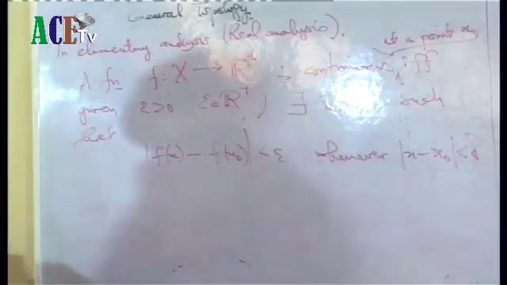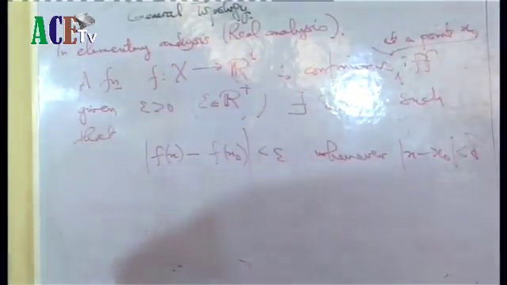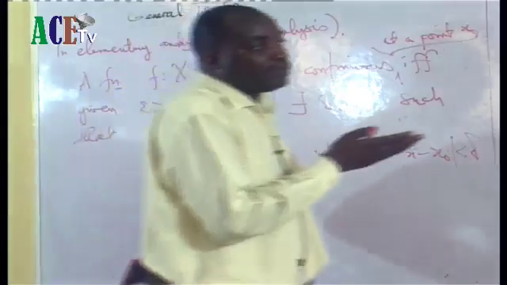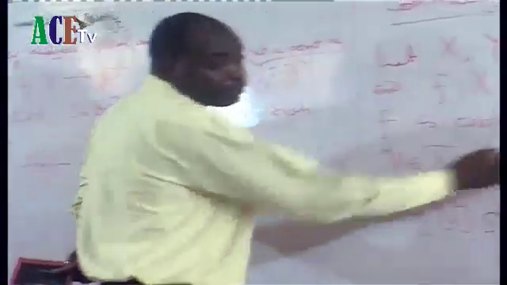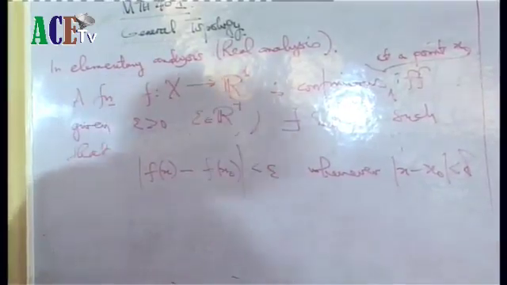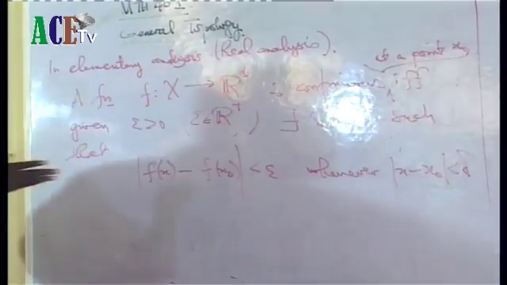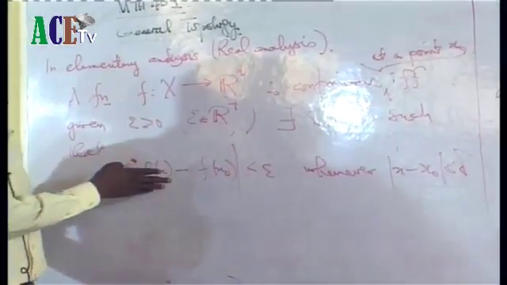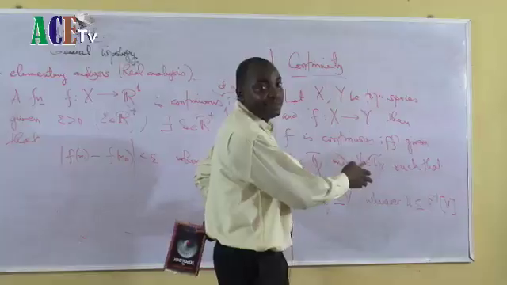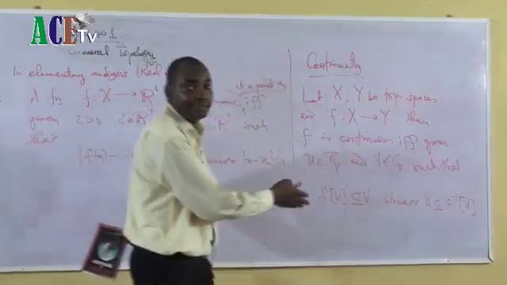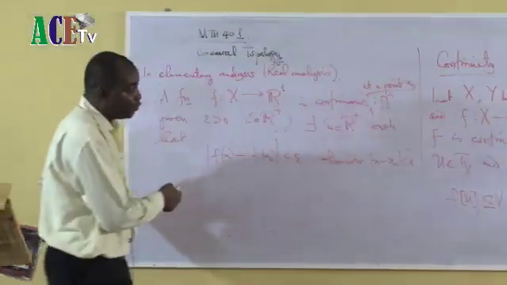I want to show us that there's a possibility of writing this in this form. And that is the possibility we are trying to look at here. In this case, we are taking a specific case, but here we are having a general case of continuity. So that is the difference between them.